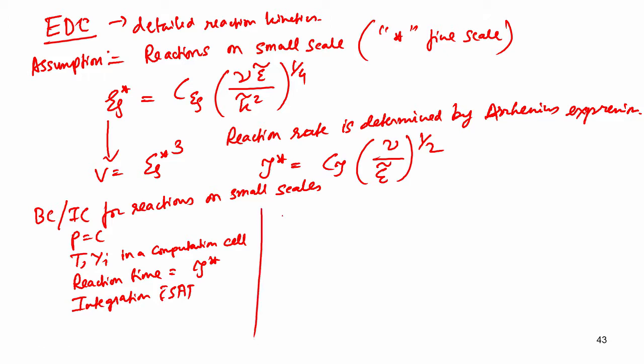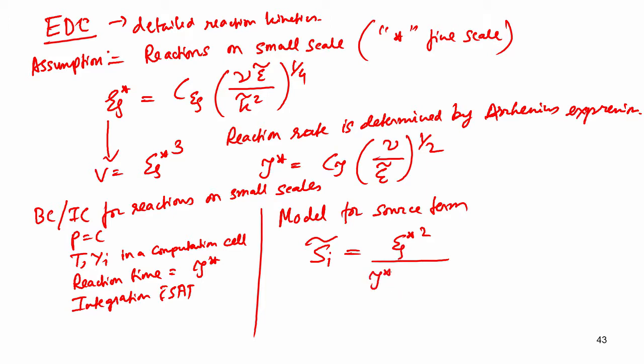And the model for the source term, which is the most important thing that goes into the governing equations, is given by this Si tilde, proportional to the square of the fine-scale fraction, divided by the time scale, times (yi star minus yi tilde), okay.